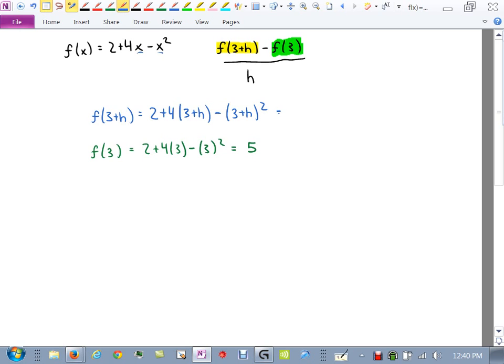And then up here, let me go ahead and multiply this out. This is 2 plus, distribute the 4 through, 12 plus 4h. And then I need to multiply this out together, so expand that. And then subtract it. So subtract, when I multiply those, I should get 9 plus 6h plus h squared. And now distribute that negative.